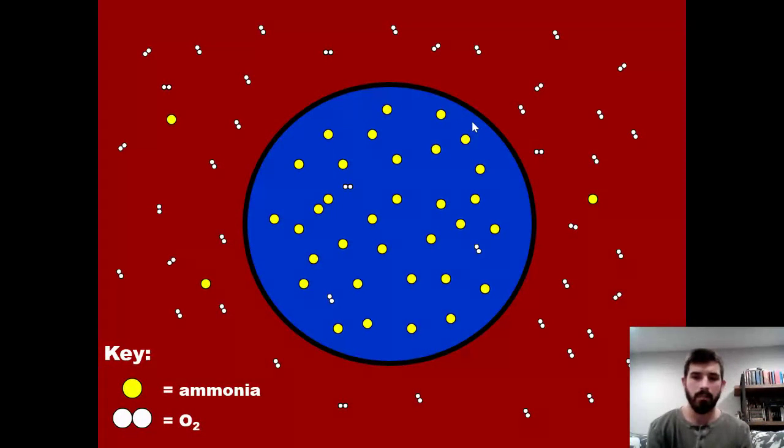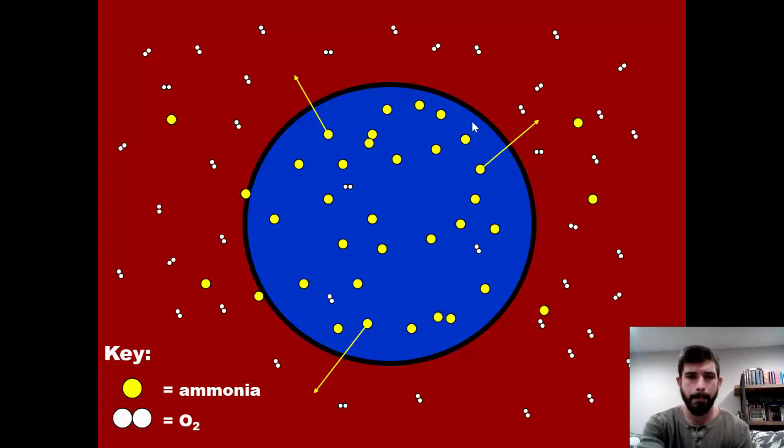And so, my next question is, the ammonia in this area, inside and outside the cell, is more ammonia going to go in the cell, or is more ammonia going to leave the cell? And hopefully, you were able to get that right as well. Ammonia is going to start leaving the cell, as so. Right?